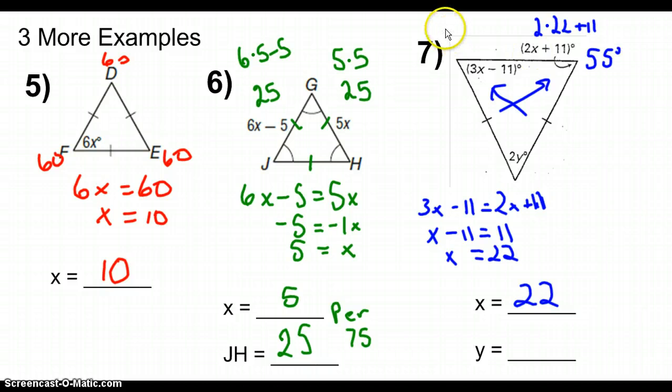Additionally, if we do 3 times 22 minus 11, that's 66 minus 11, that gives us an angle measure of 55 degrees.